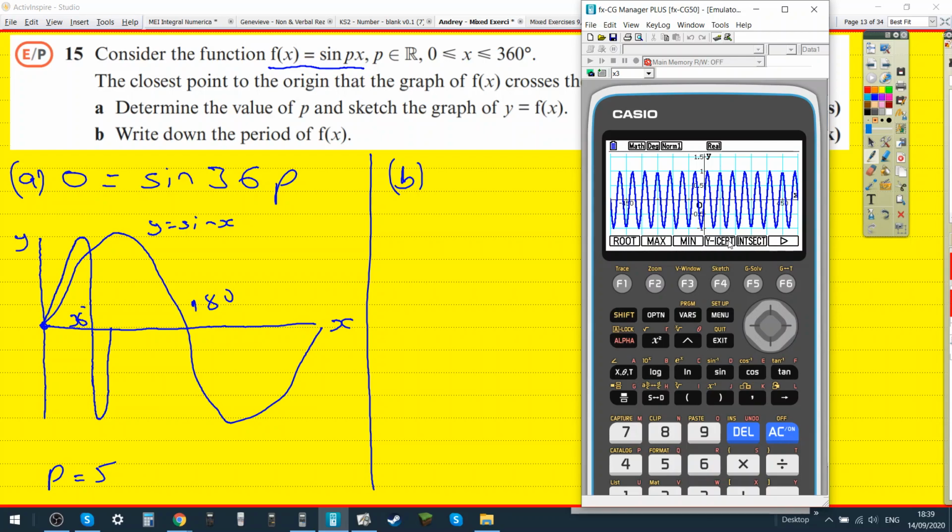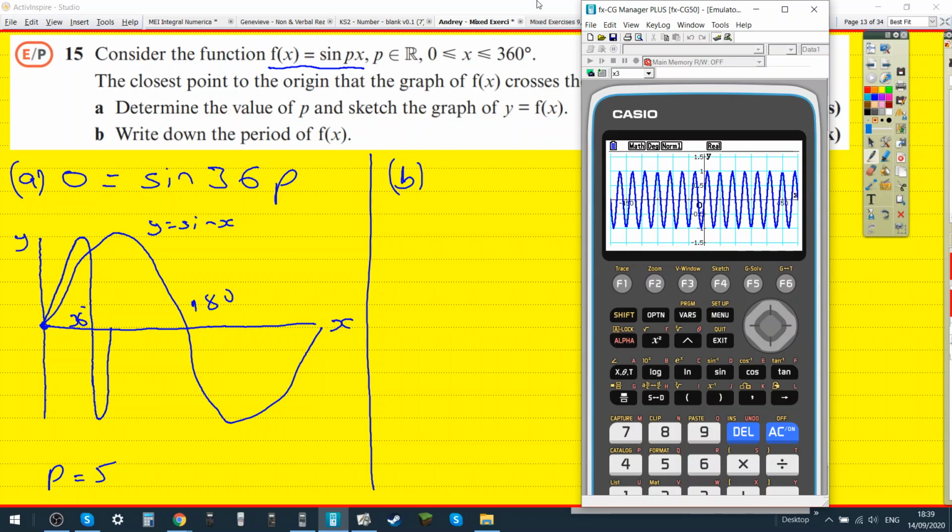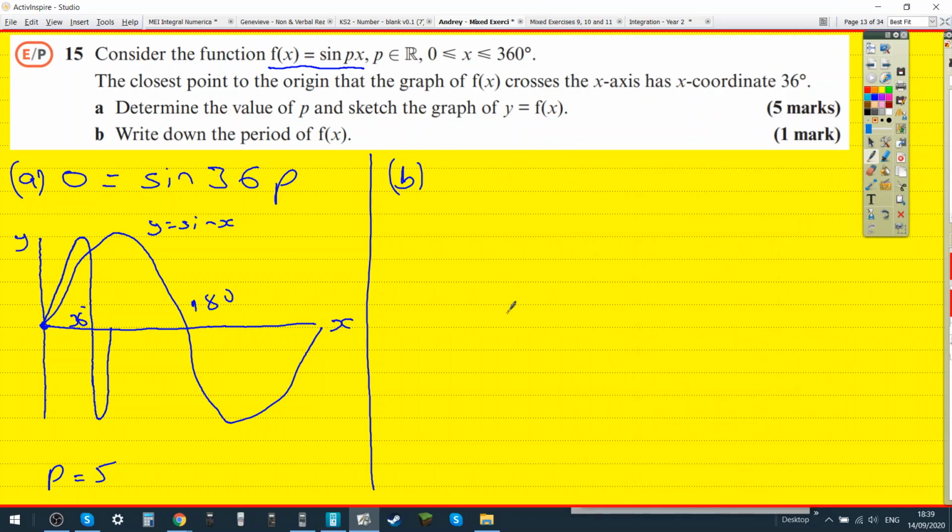What is the period of sine x? Do I need to go back and draw the graph for sine x? Sorry, how often does sine x repeat itself? Every 90 degrees, every 180 degrees. 360. I don't know. 360, okay.